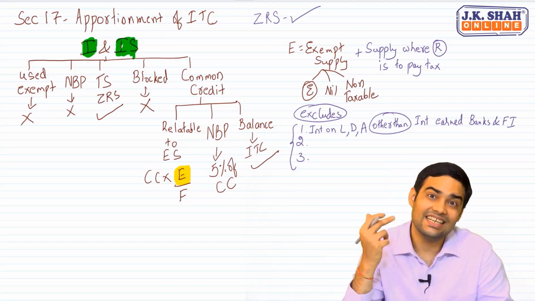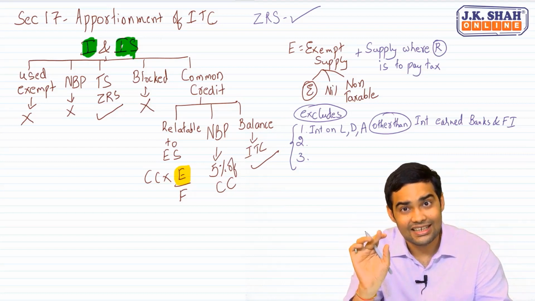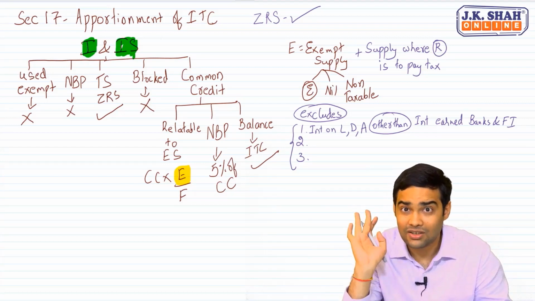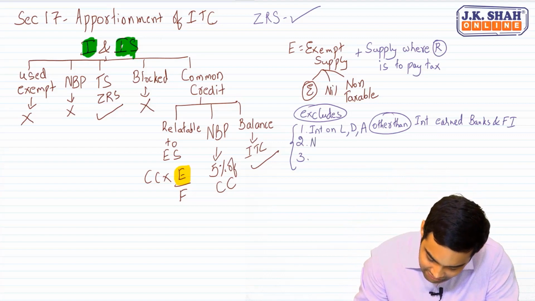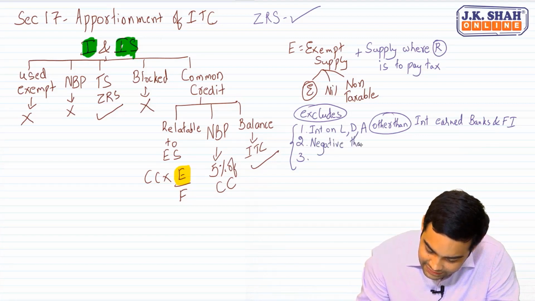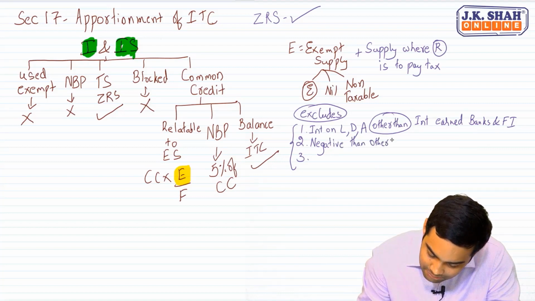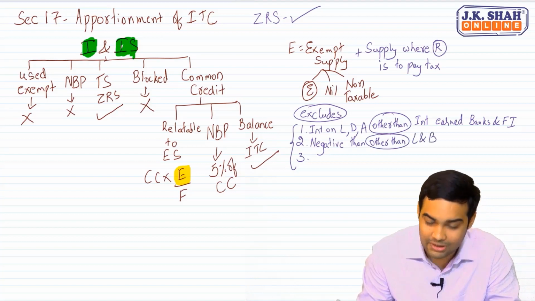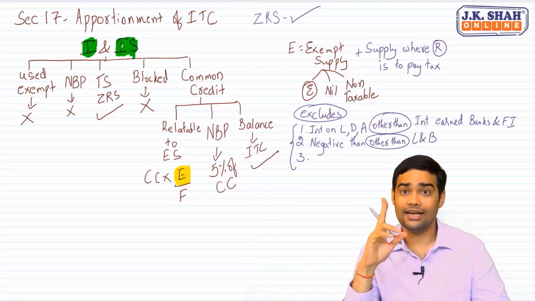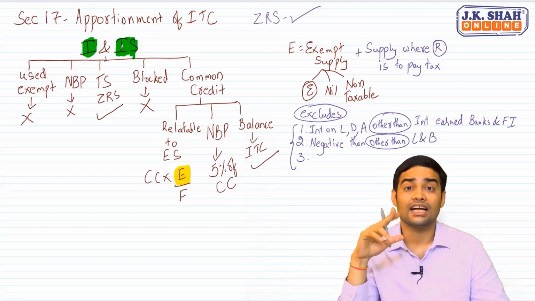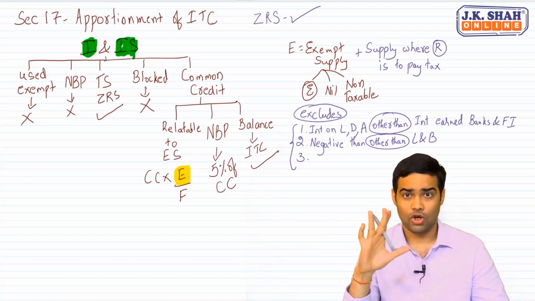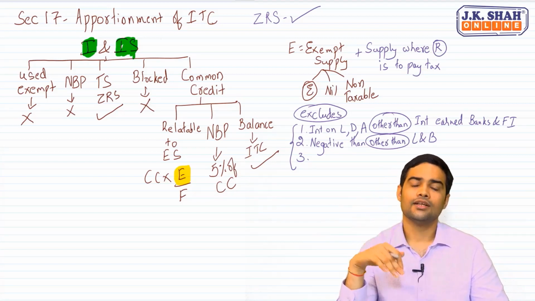Then the second thing which is exempt but not considered as part of E. Second one is negative list. Negative list other than land and building. When I say other than, that means that other than part will be included. Other than land and building. So land and building, negative list land and building which is constructed property being sold or sale of land.